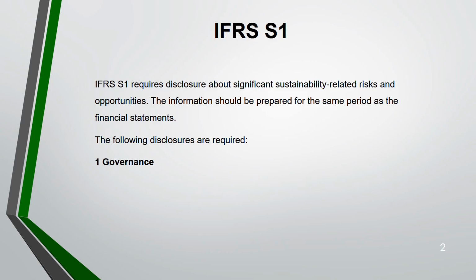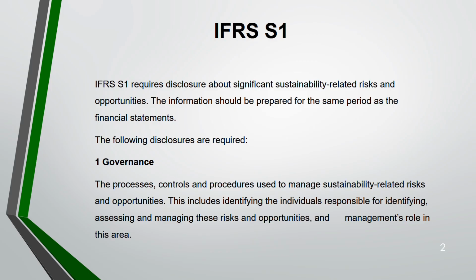First is governance: the process, the control, the procedure that are used to manage the sustainability risks and opportunities. This includes identifying the individuals responsible for identifying, assessing, managing risks and opportunities, and management's roles in this area. So basically it's about your controls, the process and the procedure that you use to manage your risks and opportunities.